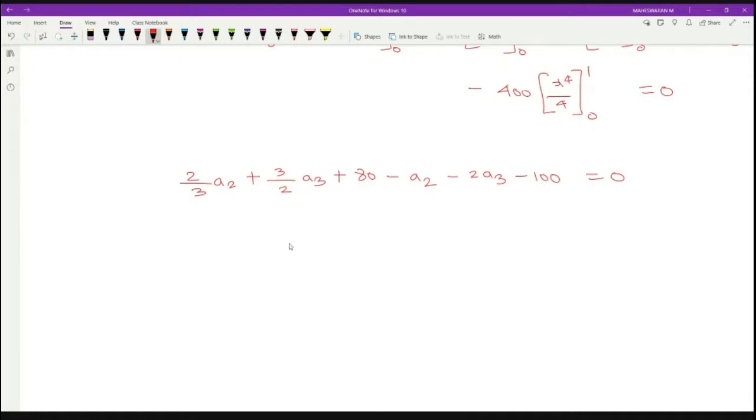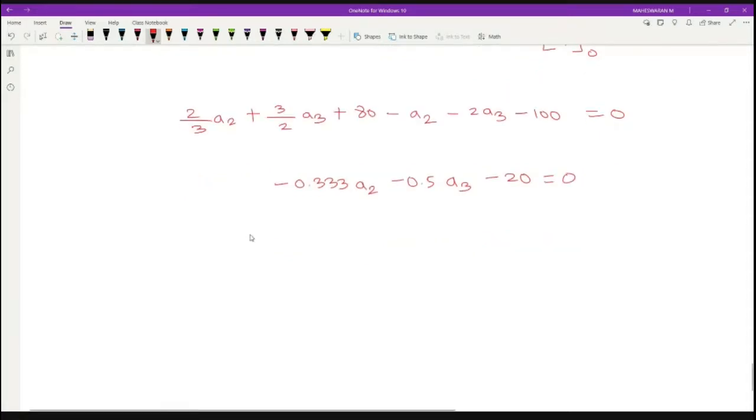You're getting minus 0.333 a2, this one 3 by 2 minus 3, minus 1.5 a3, and minus 20 is equal to 0. So this is what I am getting. Which means I will write it as equation number 5.